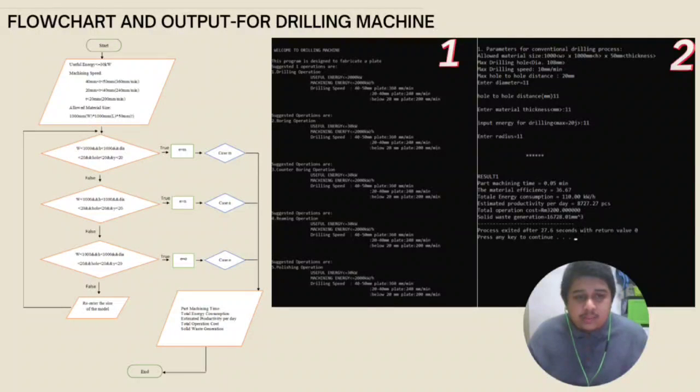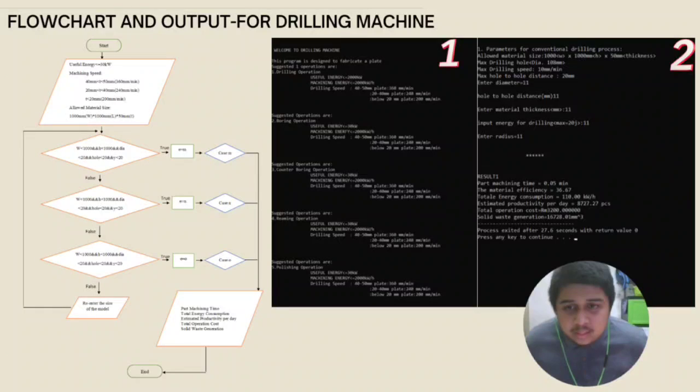And if true, then we proceed to the part machine time, total energy consumption, estimated productivity per day, total operation cost, and solid waste generation. This is the output that we get, until the end.